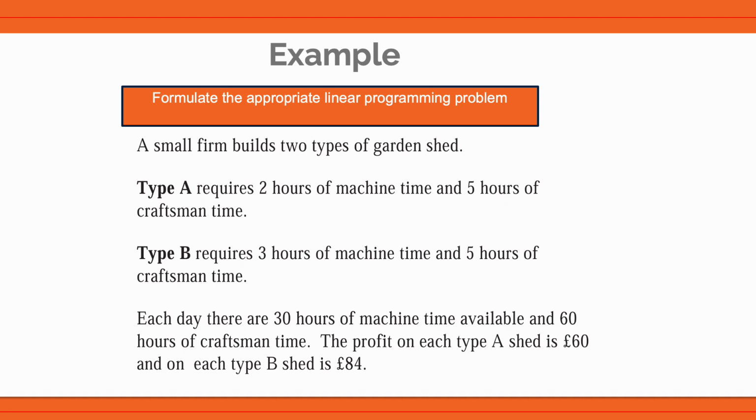Now, we are also told that the profit on each type A shed is £60 and the profit on each type B shed is £84. This means £60 is a constraint on the profit for type A and £84 is also a constraint on type B. This means we can form our profit equation using £60 and £84. Let's look at how this is done.